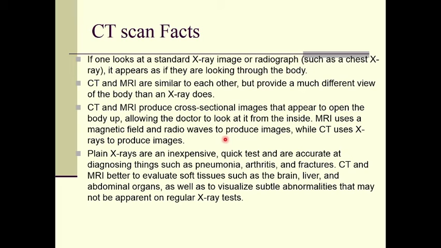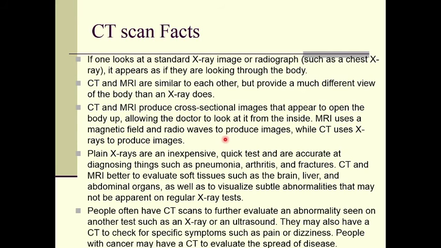Plain X-rays are an inexpensive, quick test and are accurate at diagnosing things such as pneumonia, arthritis and fractures. CT and MRI are better to evaluate soft tissues such as the brain, liver and abdominal organs, as well as to visualize subtle abnormalities that may not be apparent on a regular X-ray test.